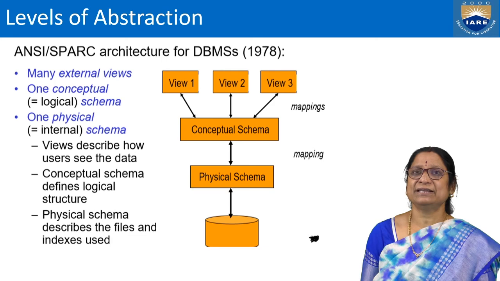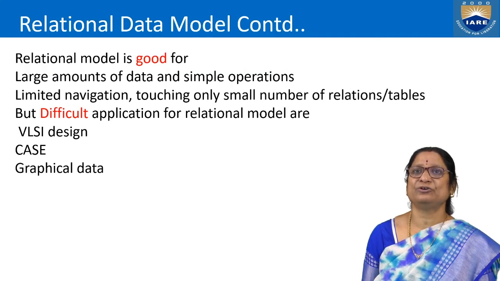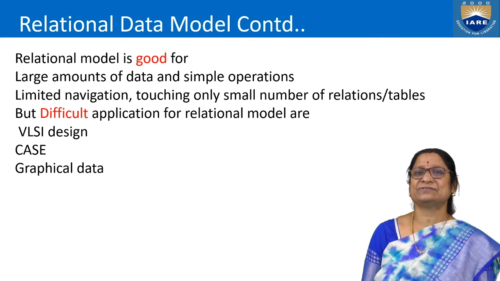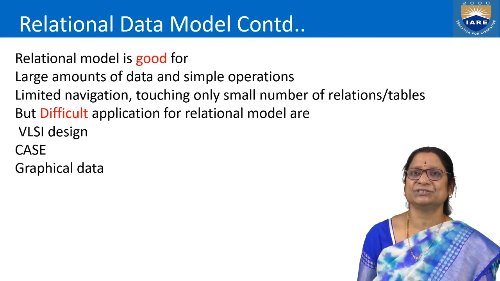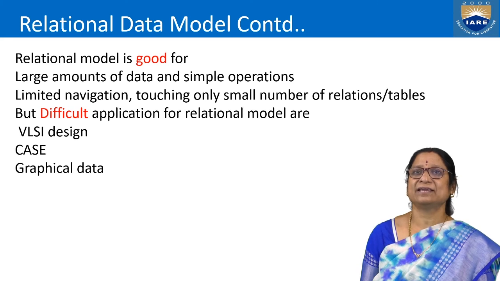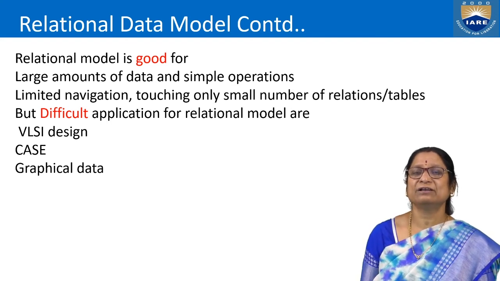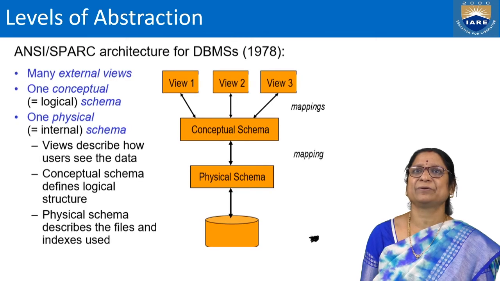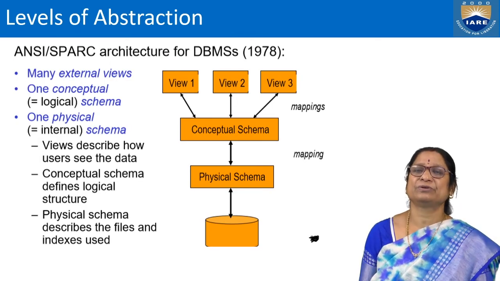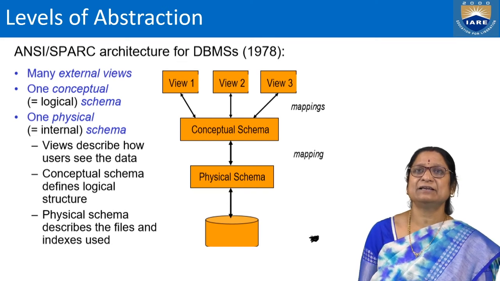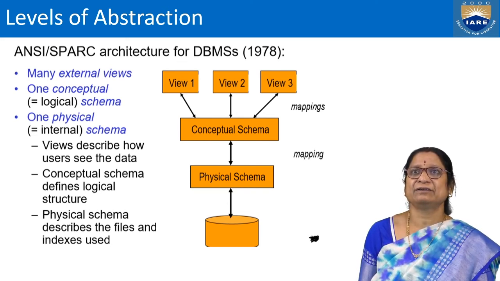The next concept is how this data is going to be stored. We discussed in the initial stages of database implementation that physical models are there, logical models are there, and the data cannot be viewed directly by us. That means how the data was stored was not known to the user group actually. So how will the data be stored? This is considered by the architecture supported for database management systems, which was standardized by ANSI in 1978.